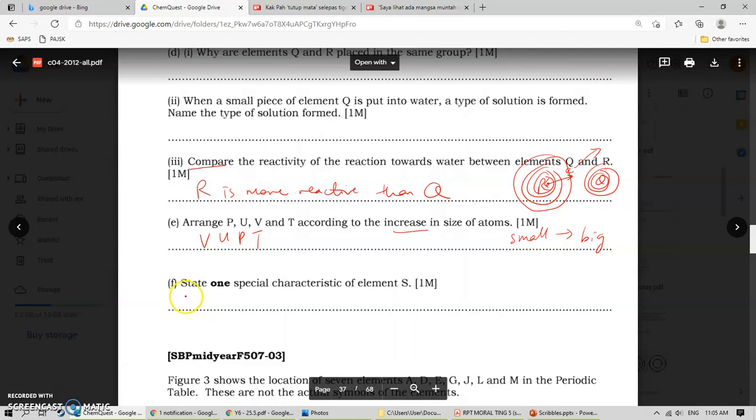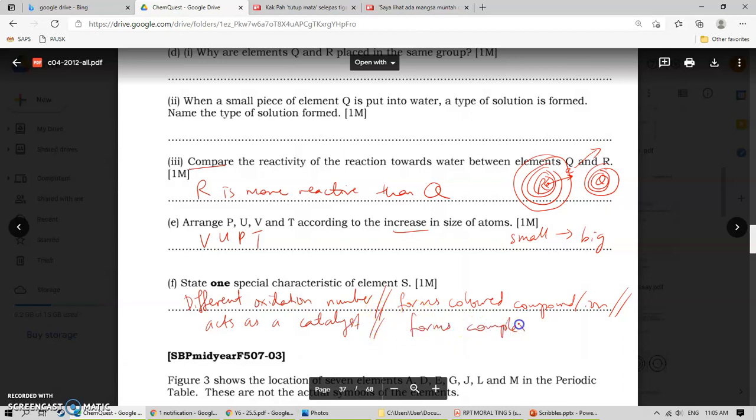Either it has different oxidation numbers, or it forms colored compounds or ions, or you can say it acts as a catalyst, or you can say it forms complex ions. That's all for this question.